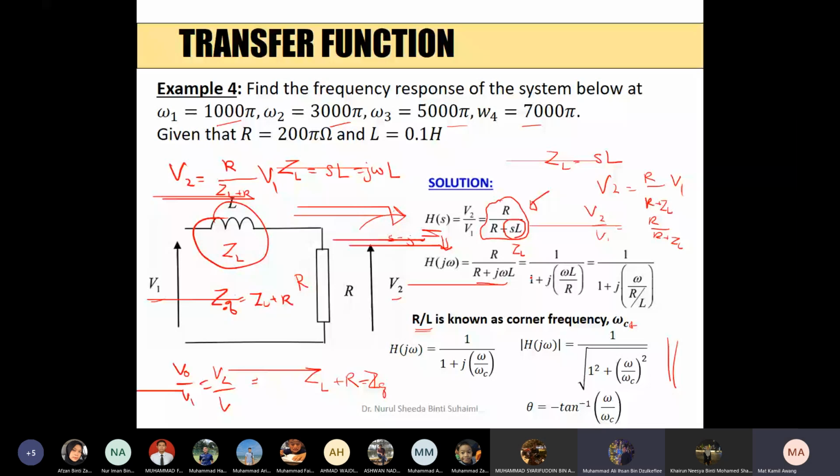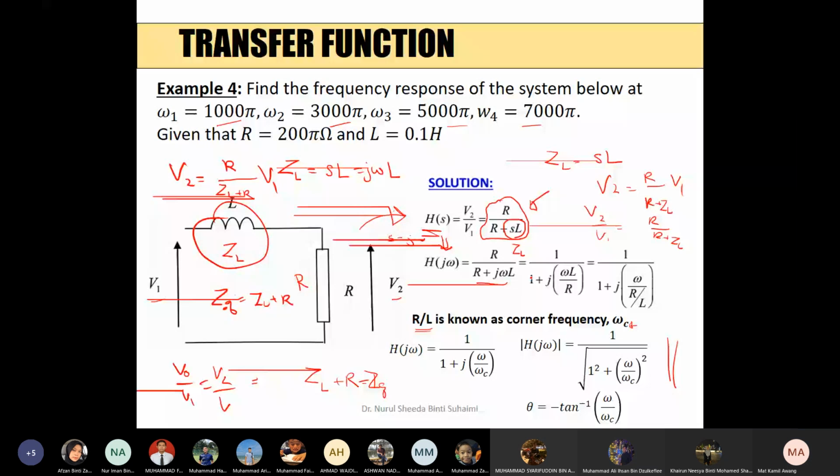Okay, insyaAllah boleh. So basically H J omega equal to 1 over 1 plus J omega over R over L. So R over L is 2000 pi.